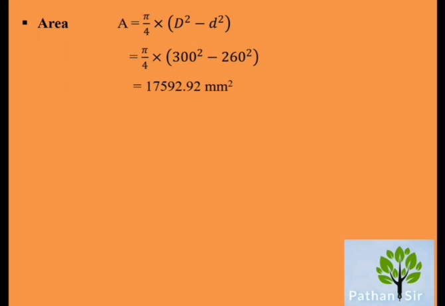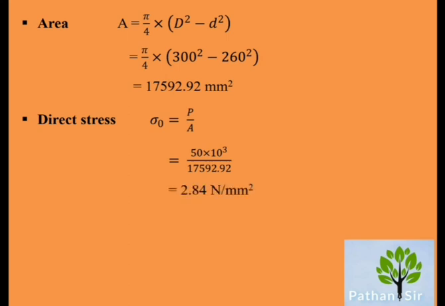In the next step we will find direct stress. Direct stress is given by the formula P divided by A. P is 50 into 10 raised to power 3 and area is 17592.92. We get direct stress equal to 2.84 Newton per mm square.